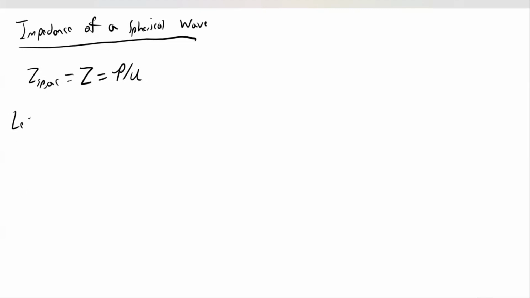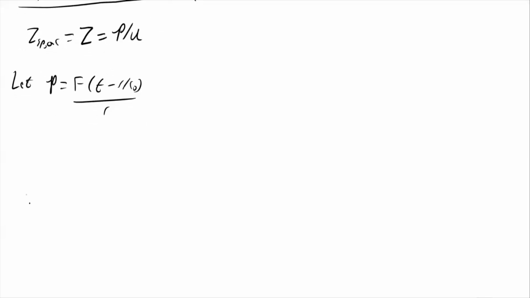So let's let pressure be some function f of t minus r over c naught, over r. So that's an outgoing spherical wave general solution. Now, let's suppose that f of t is some amplitude a, which is a constant, times sine of omega t.